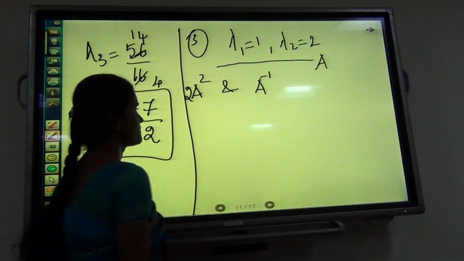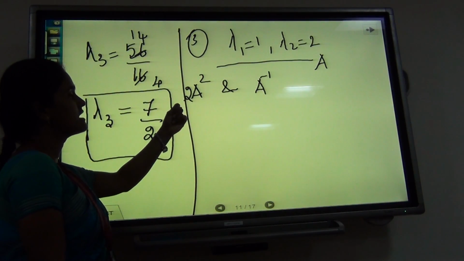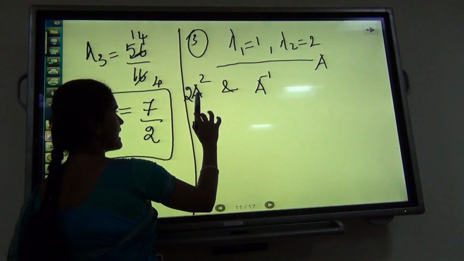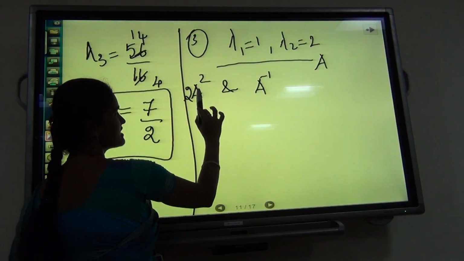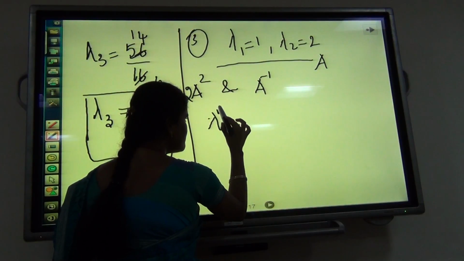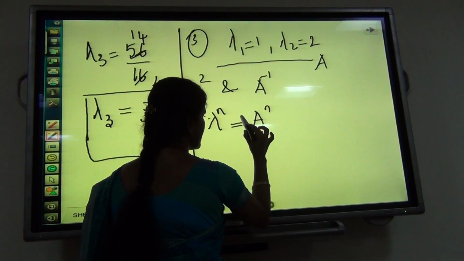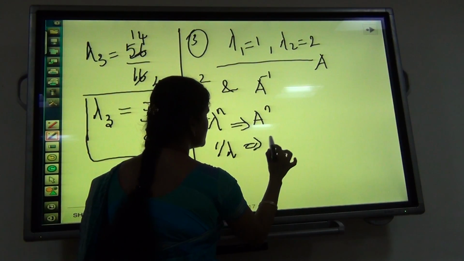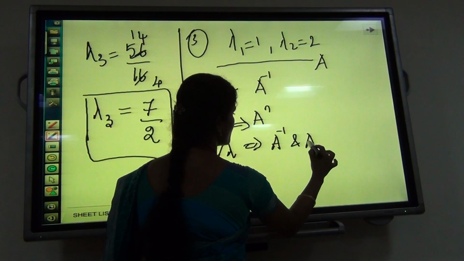Okay. So what was the property we have related to this? We have learnt, if we know the eigenvalue of A, then lambda power n will be the eigenvalue of A power n, and 1 by lambda will be the eigenvalue of A inverse and A transpose.